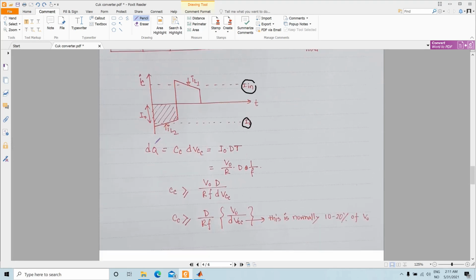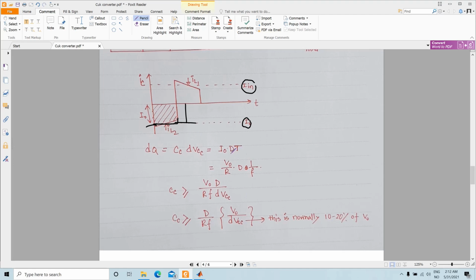So this dq, the amount of charge that is stored here, you can take the DC part here. As we know this small triangle and this small triangle are identical, if you swap these two, the amount of charge stored here is I naught, the output current, multiplied by the time when the switch is on.